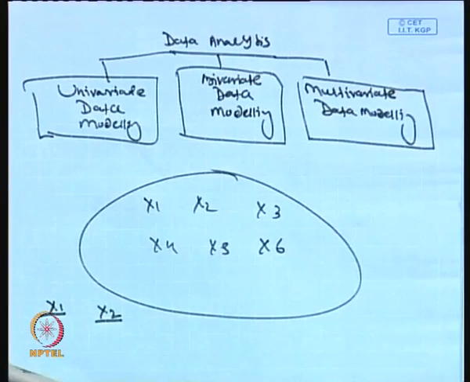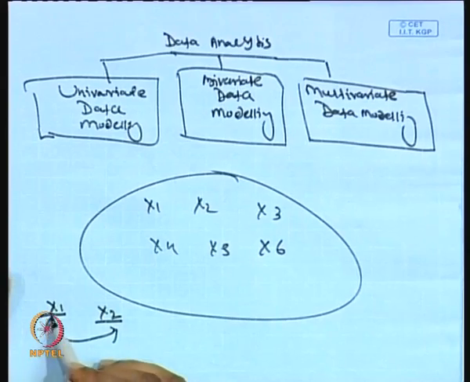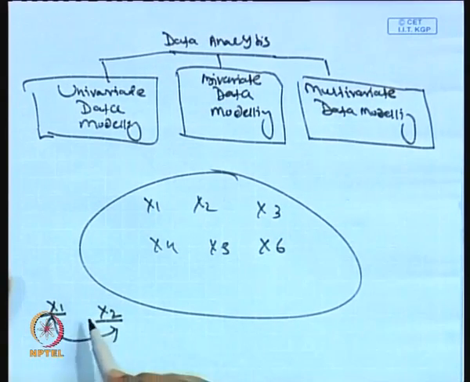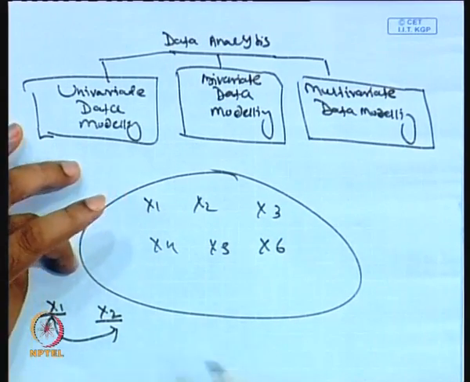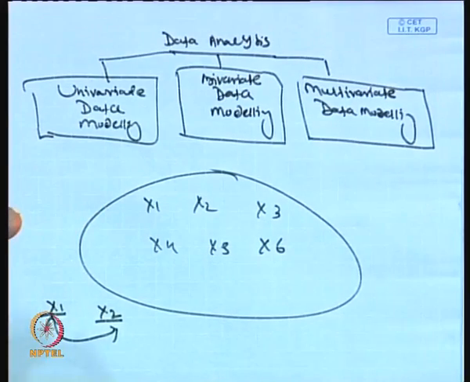Now, if I will discuss about the relationship between x1 and x2, then it is called as a bivariate modeling. So, now if I will target x1, x2, x3, x4, x5, x6 all together, it is called as a multivariate data modeling.